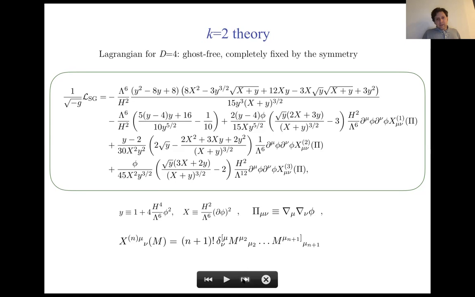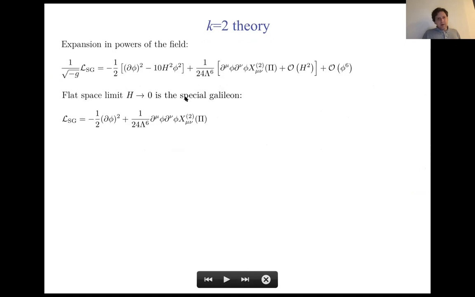At leading order, if I expand in powers of the field, it has the correct mass to have that shift symmetry with k equals 2, and then higher order terms all have a structure which looks like Galileons with the most powers of derivatives, and then order Hubble terms as you go down in derivatives. So the flat space limit reproduces the special Galileon, but you have this non-trivial order Hubble stuff that appears away from flat space, which is essential to maintain the symmetry on curved space.